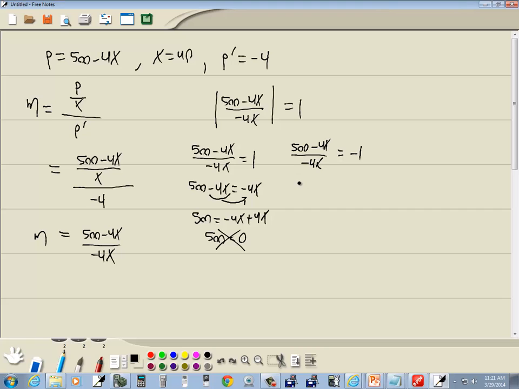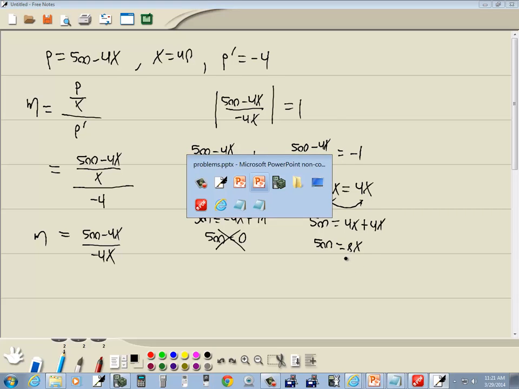Multiply both sides by negative 4x. So we get 500 minus 4x is equal to negative 1 times negative 4x, which gives us a positive 4x. Take this negative 4x, move it to the right side, and it becomes a positive 4x. So we get 500 is equal to 8x, and divide both sides by 8.